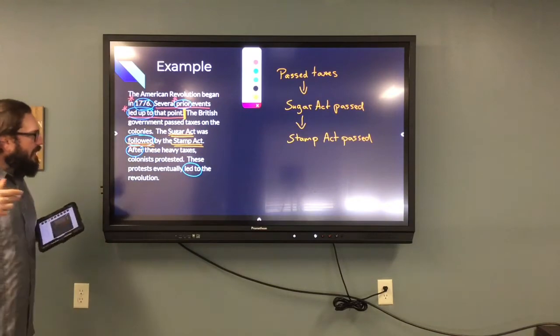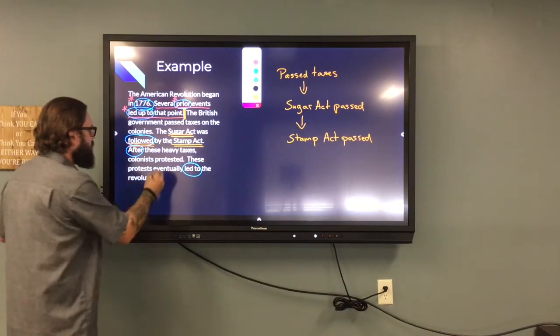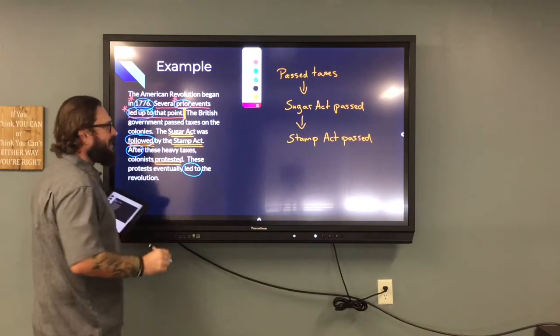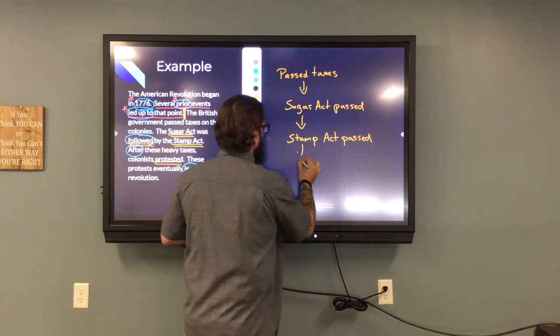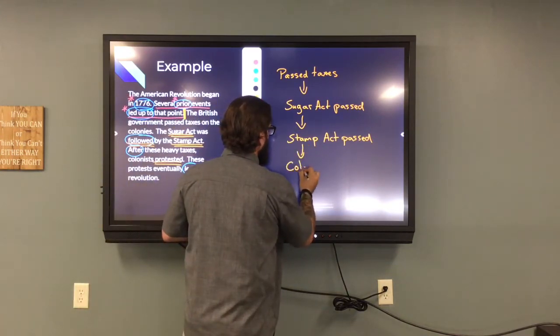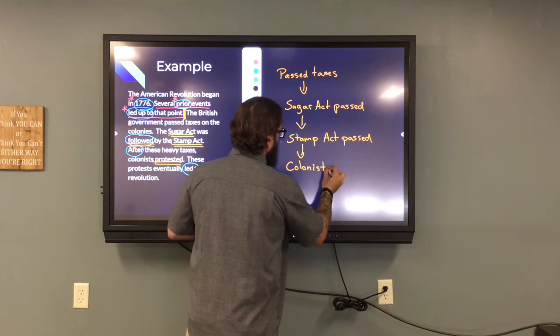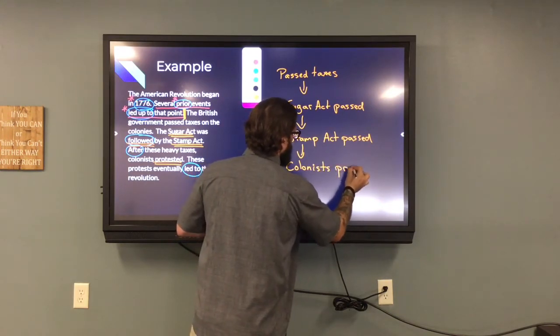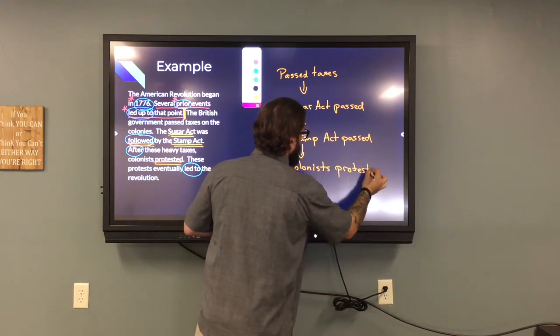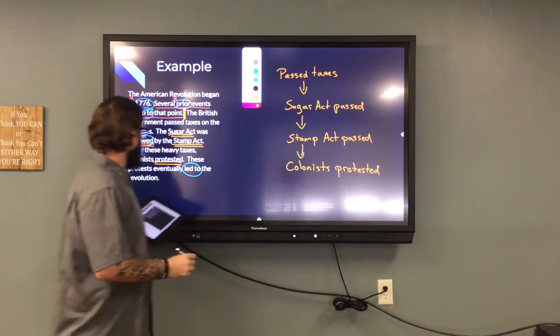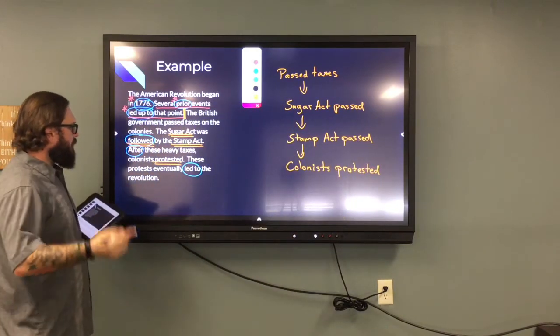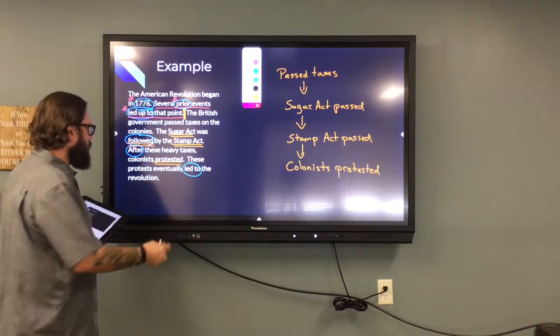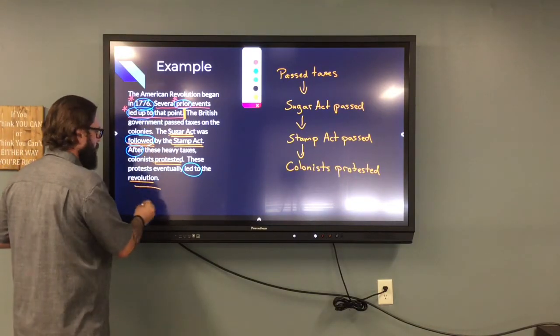After the Stamp Act passed, the colonists protested. These protests eventually led to the Revolution.